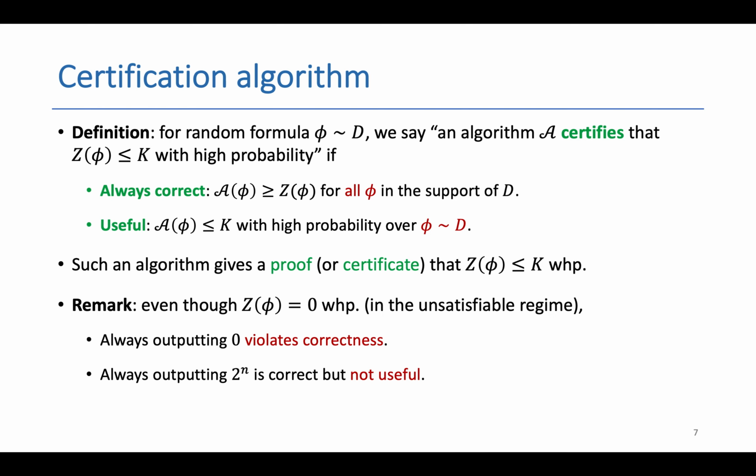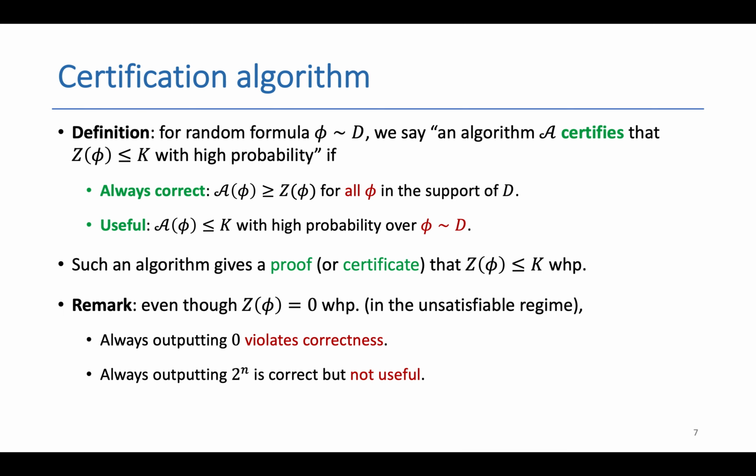First, for any formula phi which you could have gotten, the number outputted by the algorithm always exceeds the number of satisfying assignments. And second, you want the number output by the algorithm to be at most k with high probability over the randomness of this formula phi.